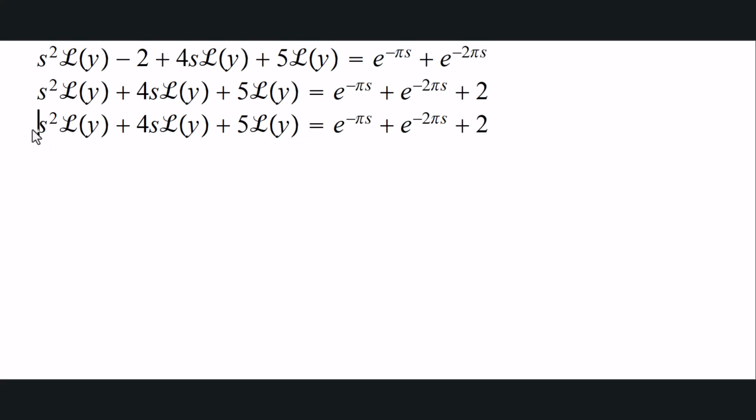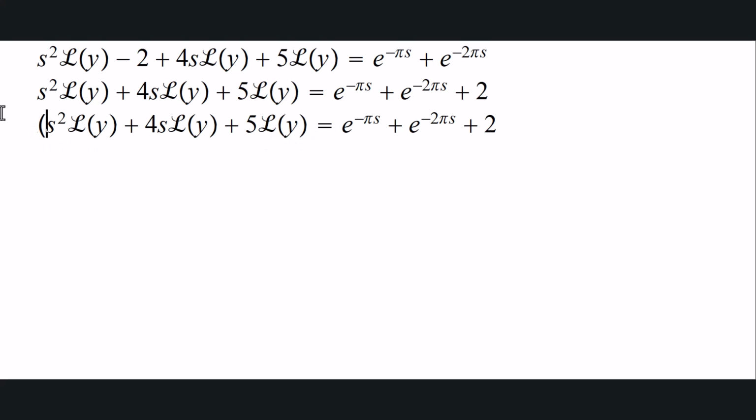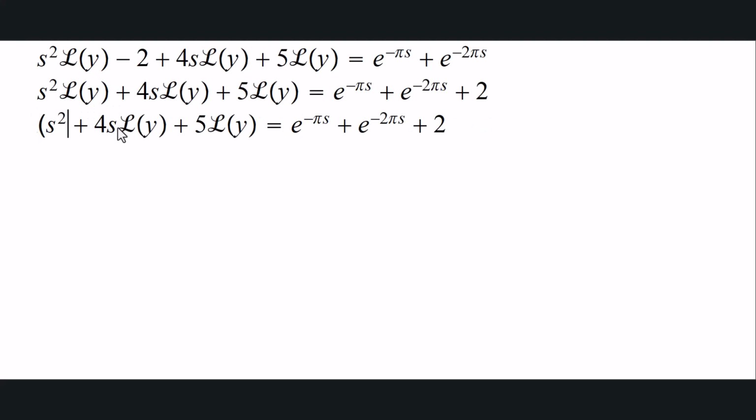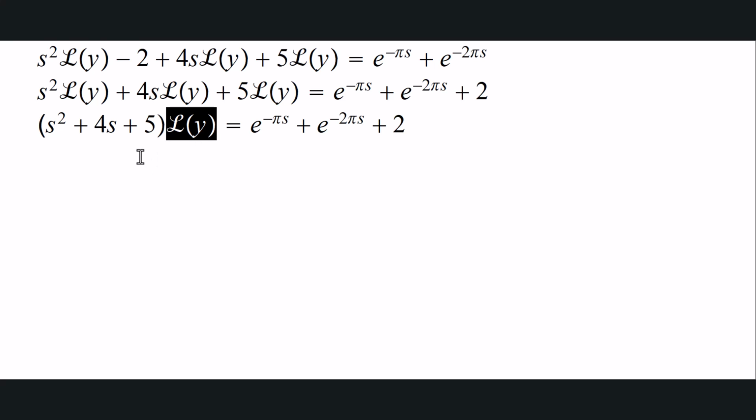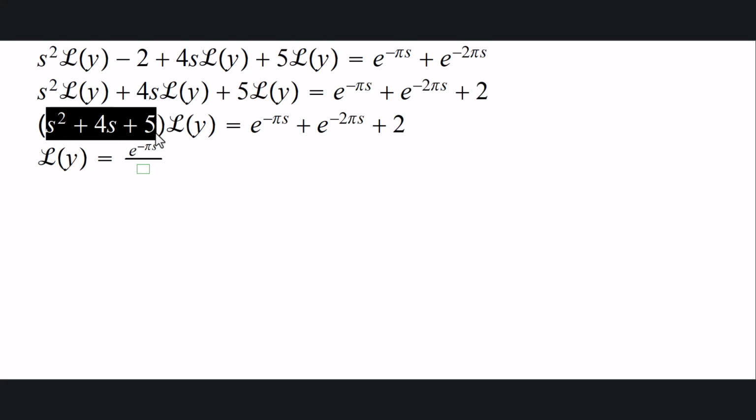Okay, so let's do that. So this is going to be factored out, and then what we get here is that it has been factored out to this. So what we got eventually is that this is the Laplace transform of y. All right, and now all that we have to do is to obtain the value of y.